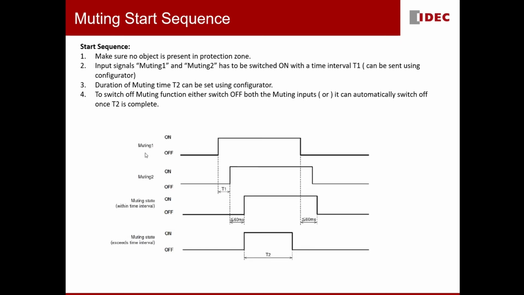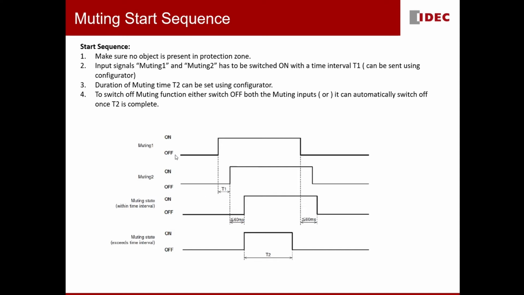Moving to the next slide, that is starting off the muting function. As you can see in the timing chart, to start a muting function, the muting start sequence, we have to follow a sequence, that is either muting 1 to 2 or 2 to 1. These two sequences can be selected in the SLS designer, and timer T1 can be configured in the SLS designer once again.